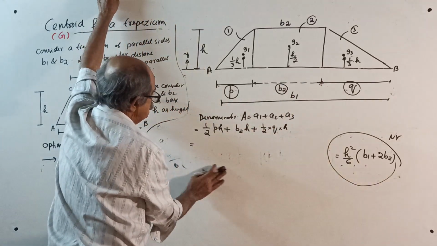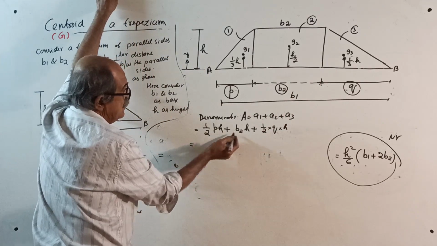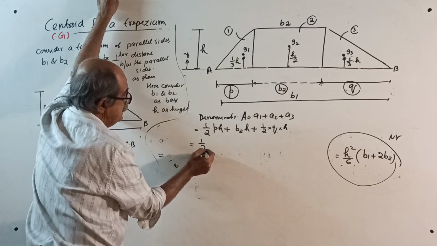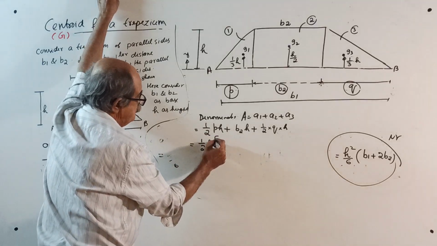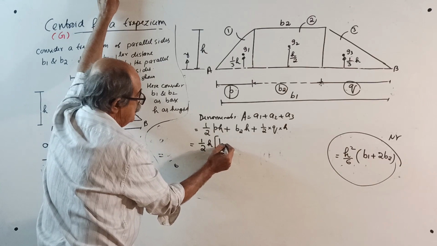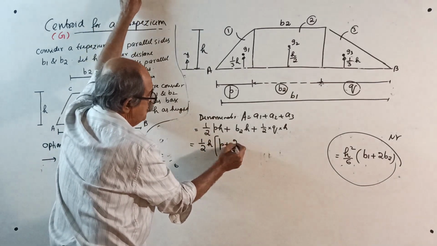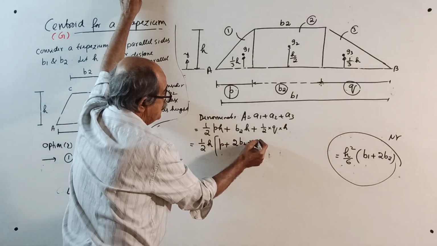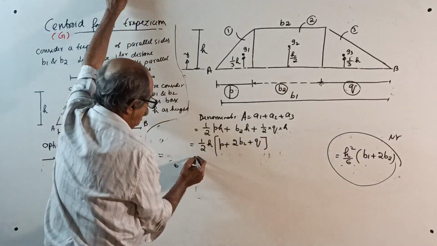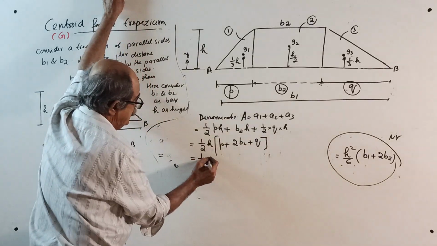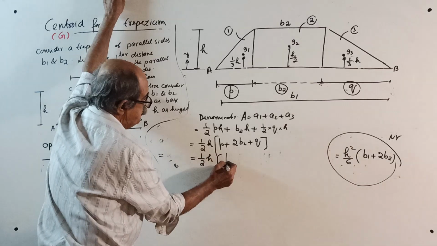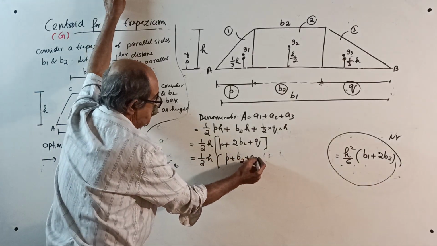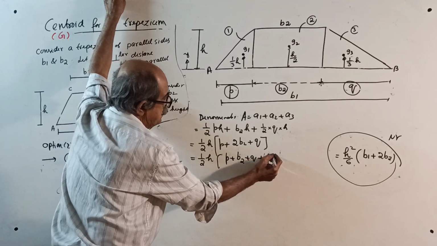You can take half into H outside: P plus 2B2 by half outside plus Q, or half into H into P plus B2 plus Q plus once again B2.